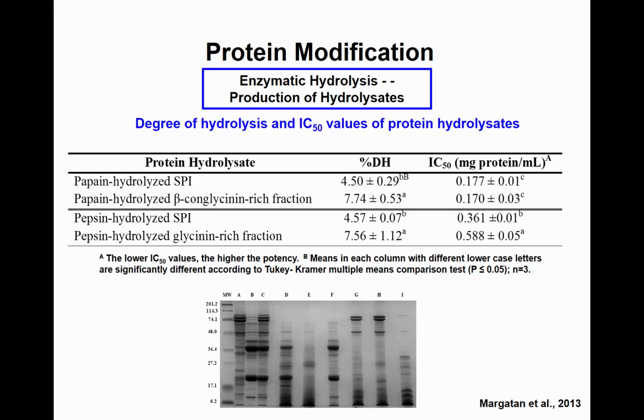So we took SPI. So we got a beta-conglycinin fractionated, glycinin fractionated SPI, and we subjected to papain and pepsin hydrolysis. What we found out is that whether we use the entire SPI or a fraction of the SPI, beta-conglycinin, we end up having the same potency, because in both cases papain targeted beta-conglycinin.